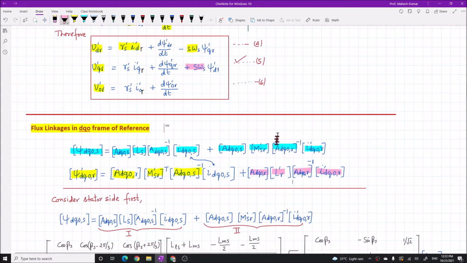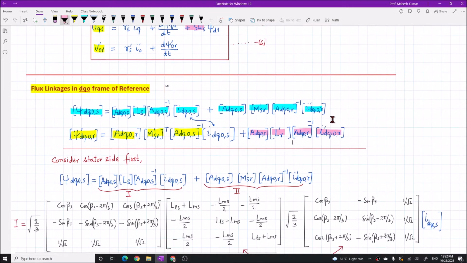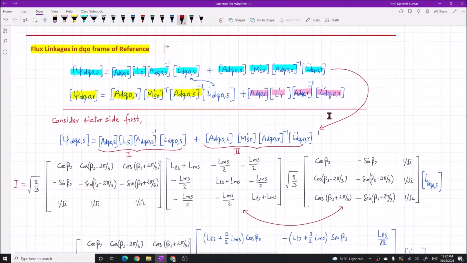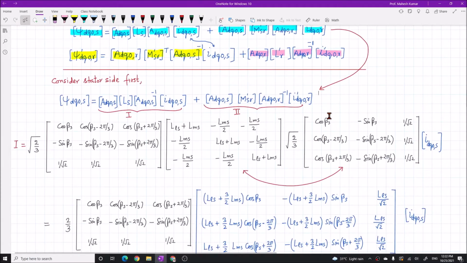Okay. So let us take the first equation, then we will simplify it. In this equation, as we can see, there are two terms.